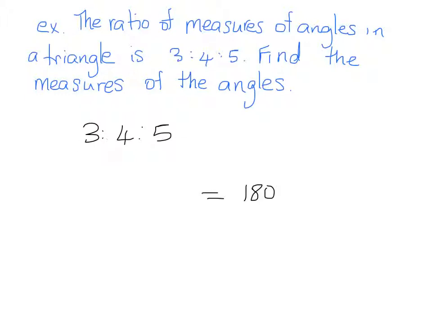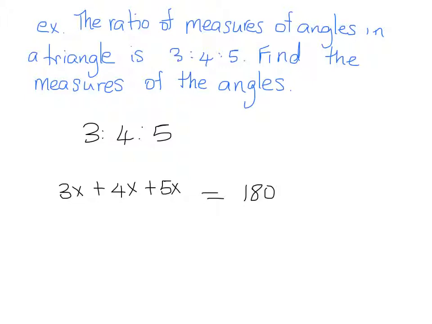So to figure out what that common number is, we can go backwards: 3 was multiplied by some number, so was 4, and so was 5. Let's call that number x for now.